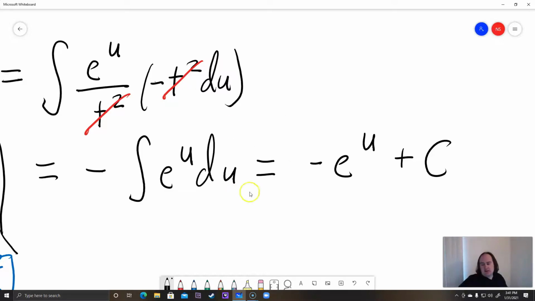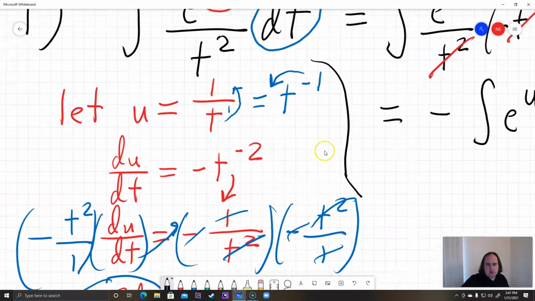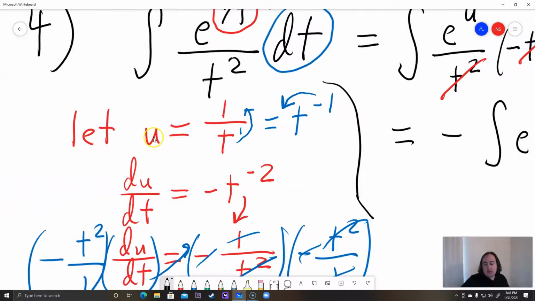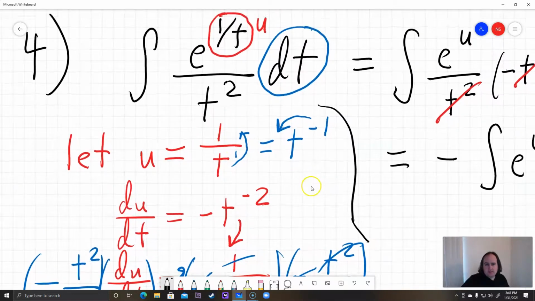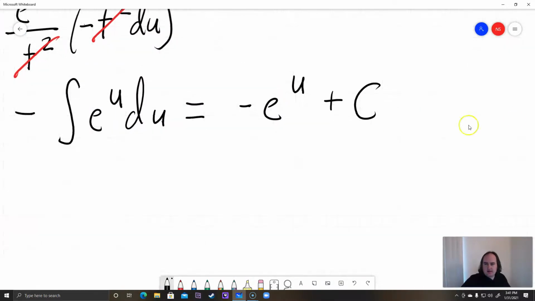But of course, you can't leave your answer in terms of u. U is what's called a dummy variable. So you don't want to keep it at the end. It's just in there temporarily to help you do your math. At the end, you want to plug in the original expression. So originally we said u equals 1 over t. So we're going to plug that in at the end here.